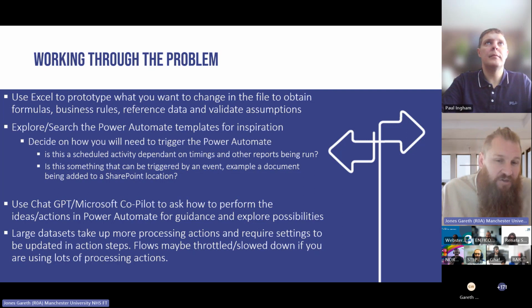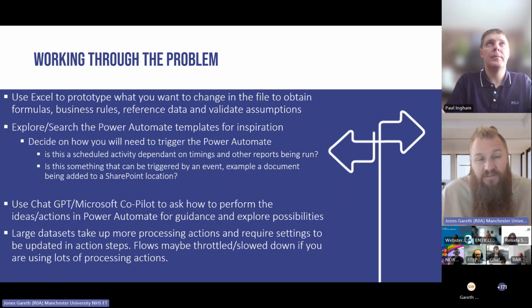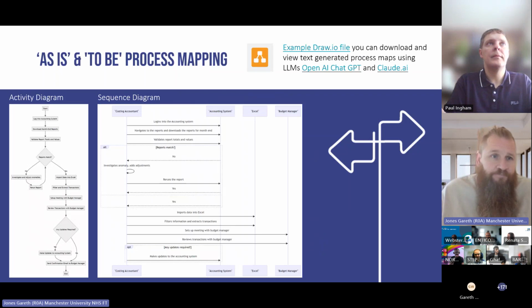But I guess the calculation has to be, is it still quicker than a human being doing each of those steps? So it's important to understand the limitations as well as the possibilities of a software like Power Automate, or for that matter, any robotic process automation type software.